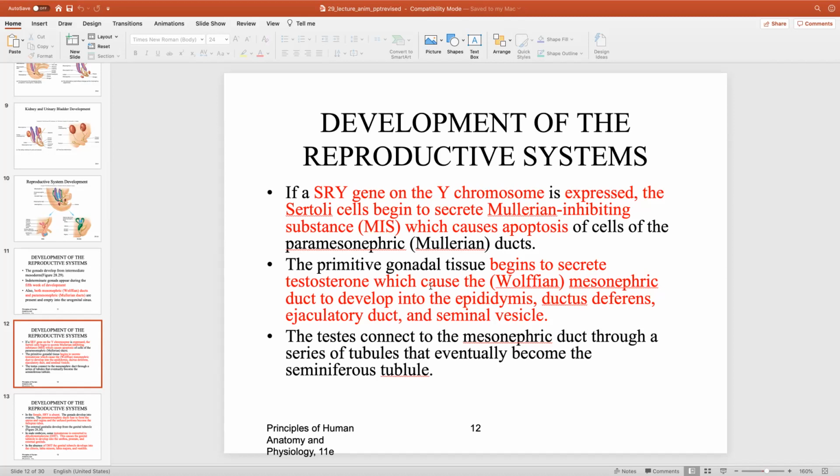So you can even have an XY boy, but for some reason this gene is mutated. Well, what happens if it's mutated? It can't secrete Müllerian inhibiting substance. When that happens, the female Müllerian ducts don't die off, right? If the chromosome isn't functional, you also won't release testosterone, so the male ducts don't develop.